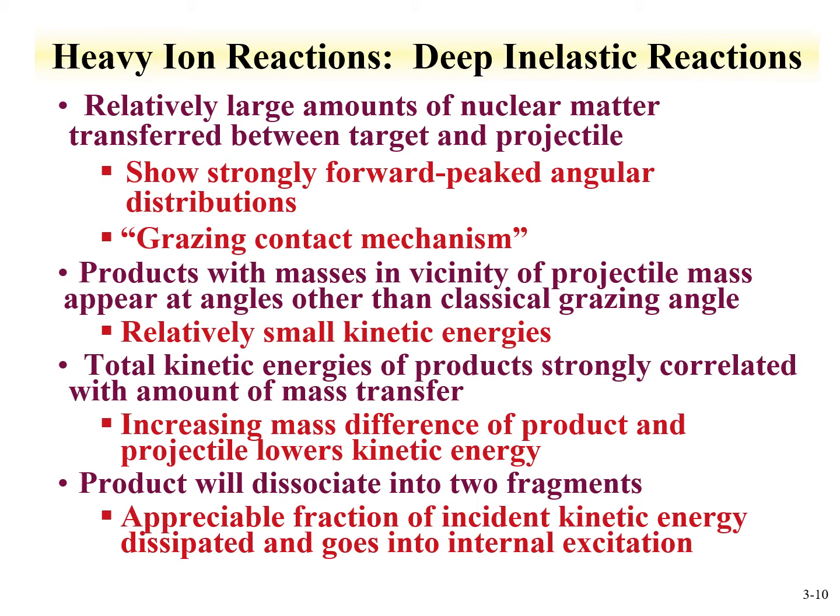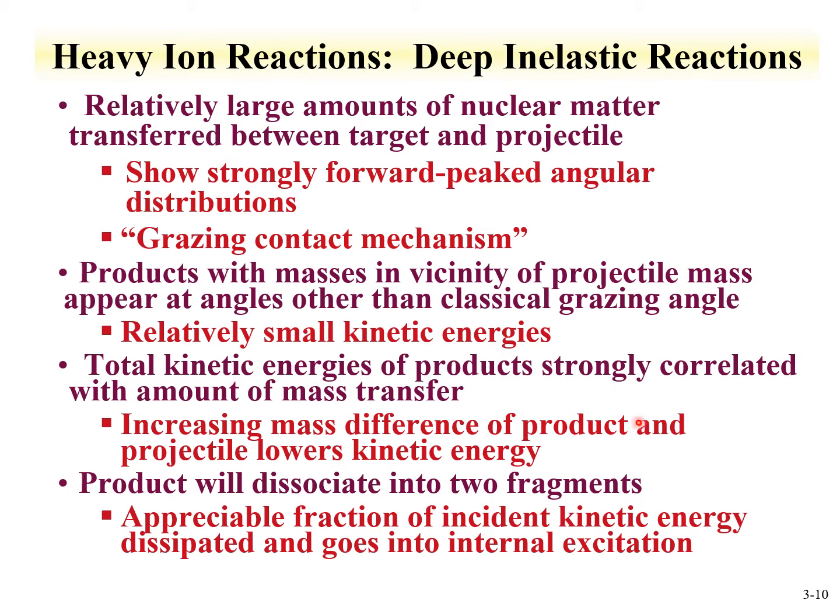Deep inelastic reactions occur when more of the nuclear matter is transferred than in these grazing and incident reactions discussed on the previous page. There are some trends with this: the total energy of the products is strongly correlated with the amount of mass transfer. So increasing mass differences of product and projectile lowers the kinetic energy.